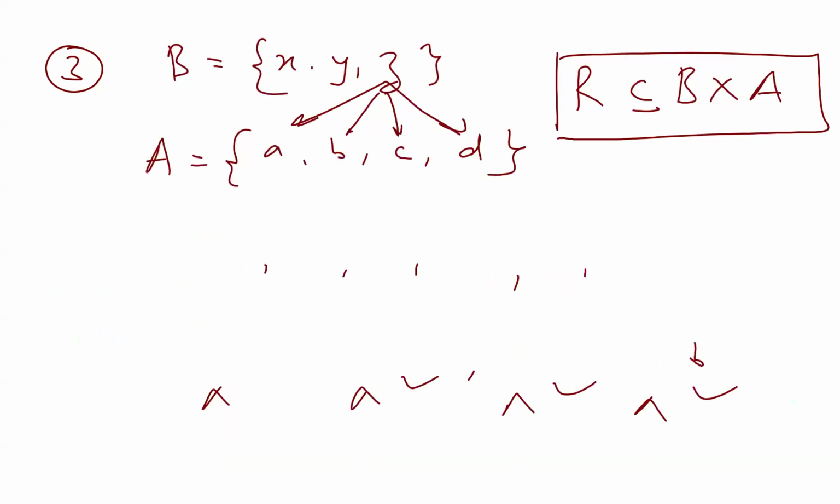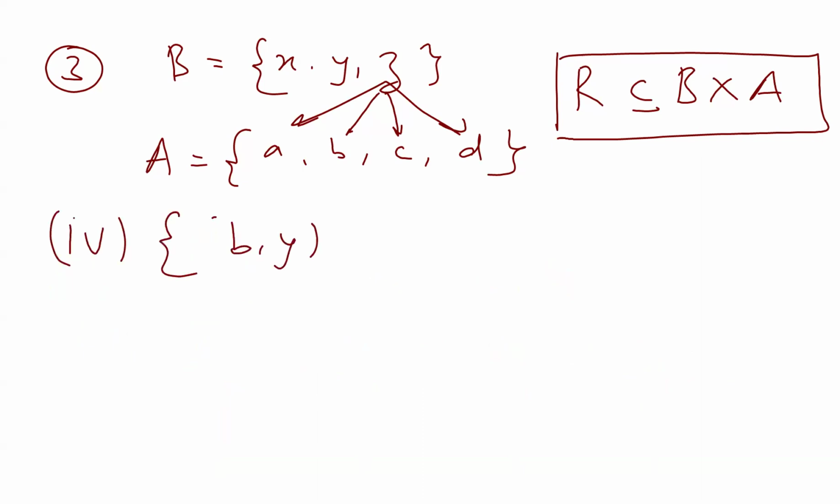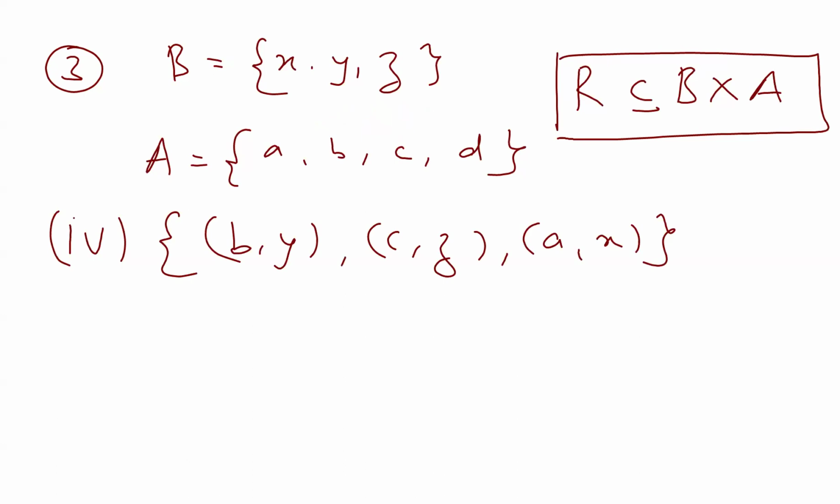Let me just erase this. Fourth, B comma Y, C comma Z, A comma X. Now if you take a look at the ordered pairs, look at the first ordered pair, B comma Y. This ordered pair is suitable for a relation which is from A to B. The first component is from set A, but that should not be the case.